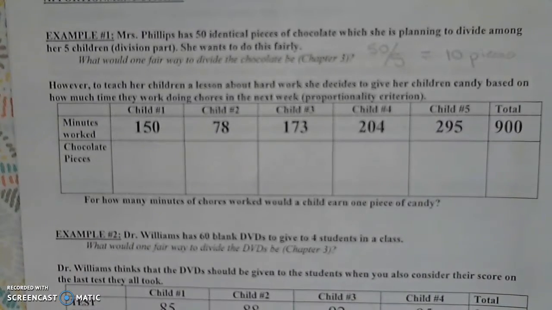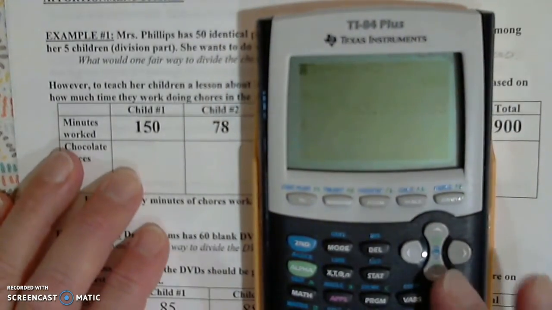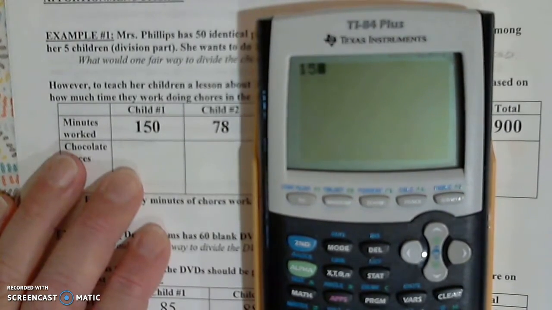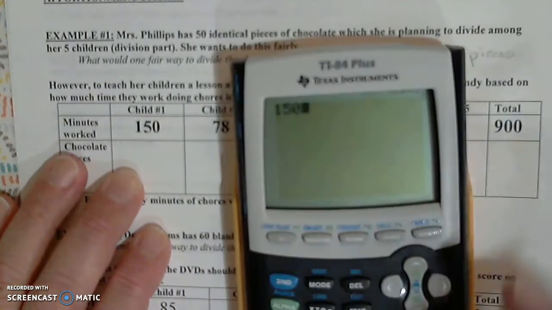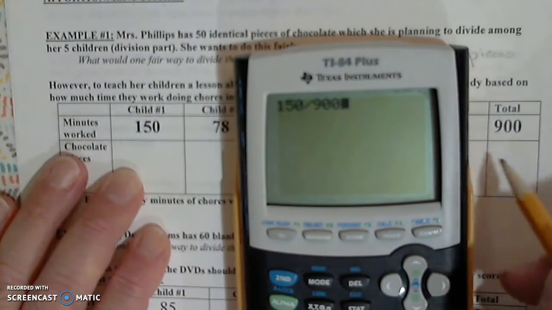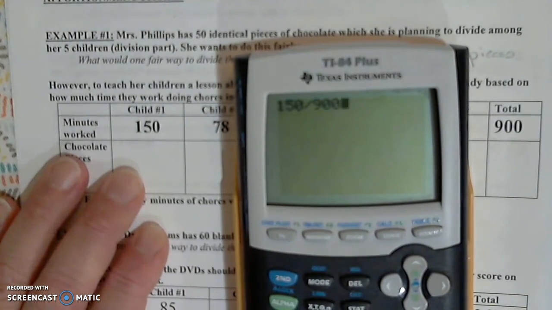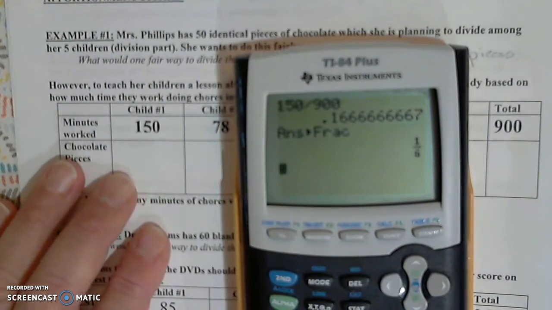Well, we could do it based off the fraction of the work they did. For instance, child number 1, we have 150 divided by 900. So out of the total number of hours worked, child 1 worked 150 hours. So what fraction is that? That would be 1/6.